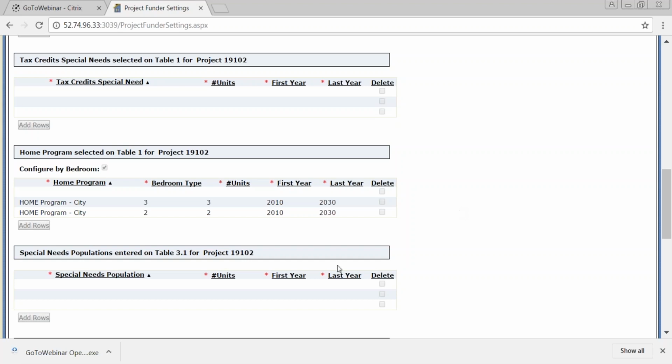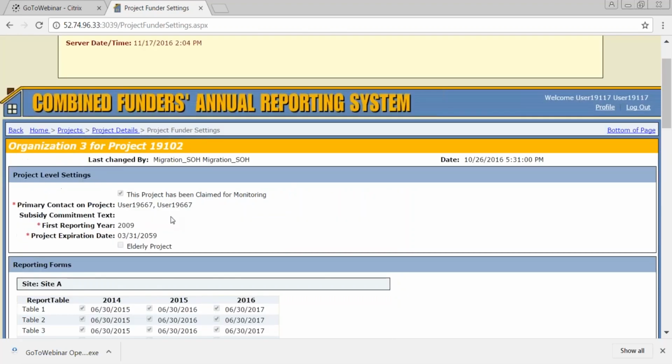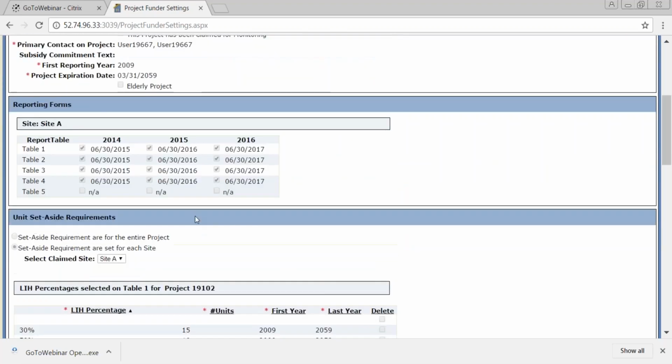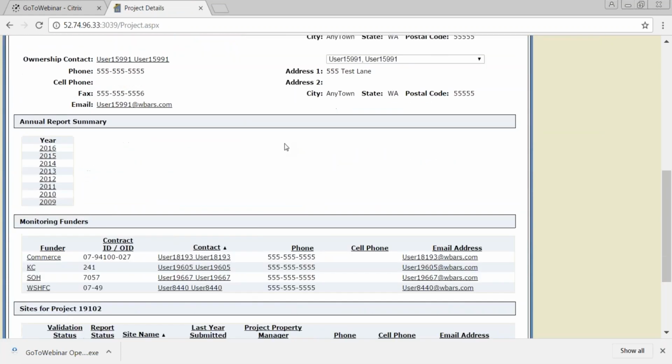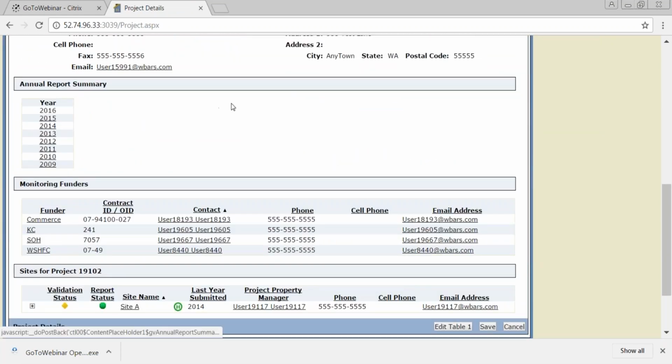All right, all of this HOME information can also be found on the annual report summary. So let's go back, and let's select the annual report summary for this year.